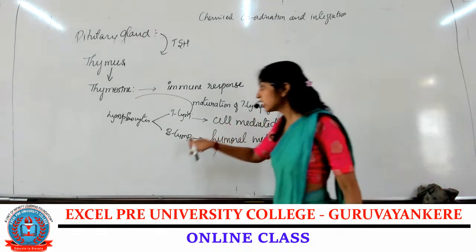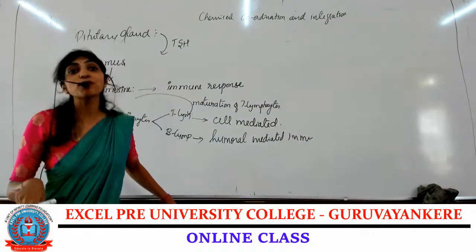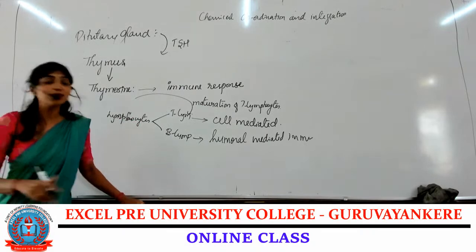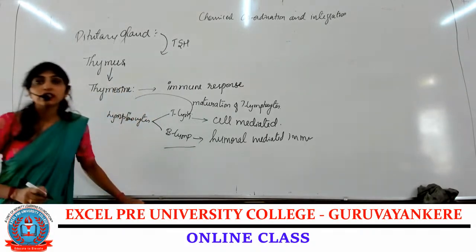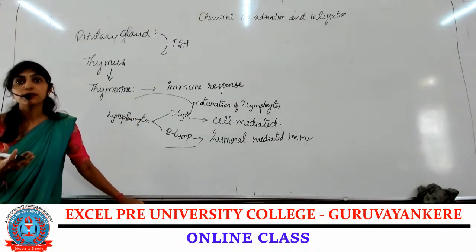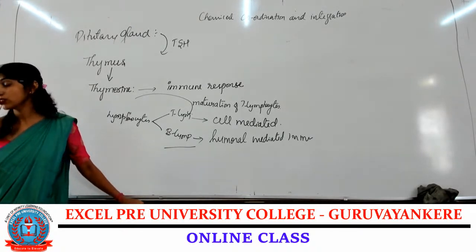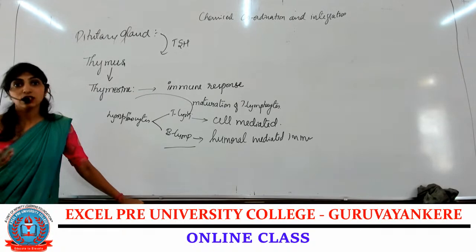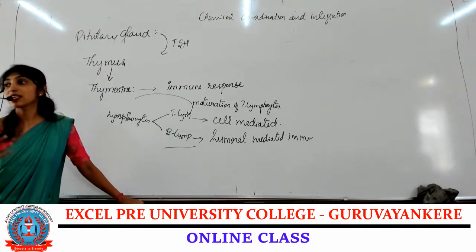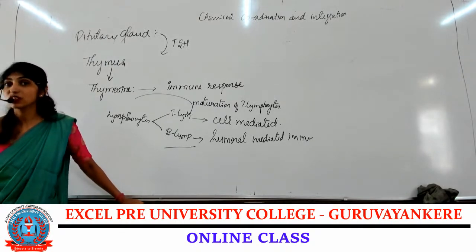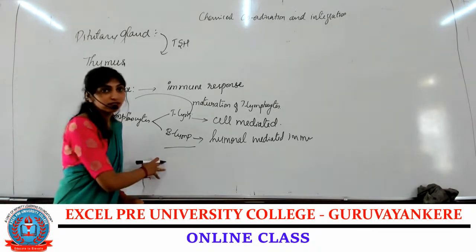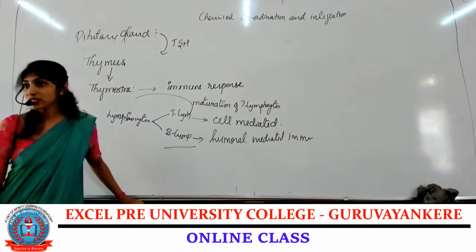Along with that, it also helps in the formation of B lymphocytes. Where are the B lymphocytes formed? In the blood, in the plasma, in the globulins, which are involved in the formation of antibodies. What are these antibodies? I told you when discussing blood, plasma, the proteins in it, globulins are responsible for the formation of antibodies. Antibodies are nothing but B lymphocytes.